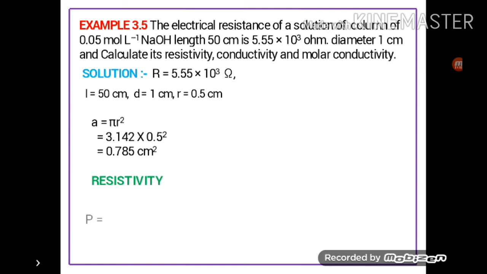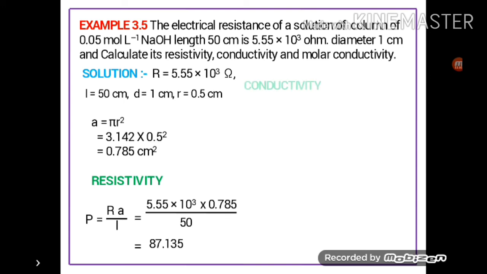The resistivity rho is equal to RA by L. Here the value of resistance is 5.55 into 10 power 3, the value of area is 0.785, divided by L, the length, 50 cm. If you solve it, you will find the answer 87.135. This is the resistivity, and the unit is ohm centimeter. Now the next thing is conductivity.